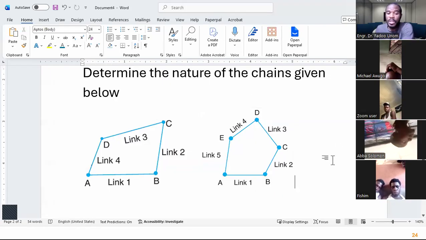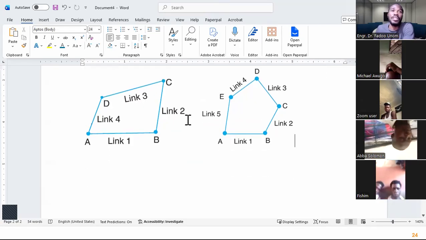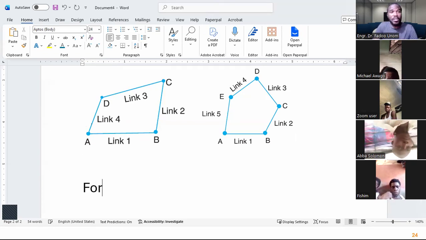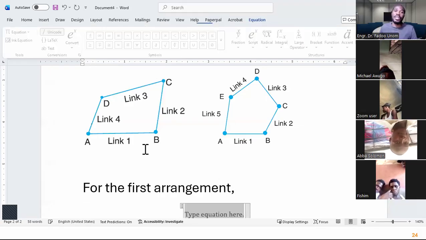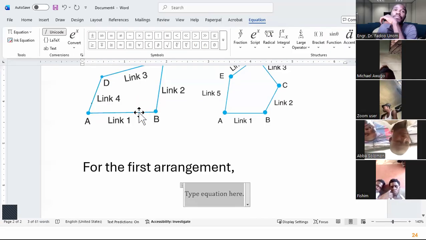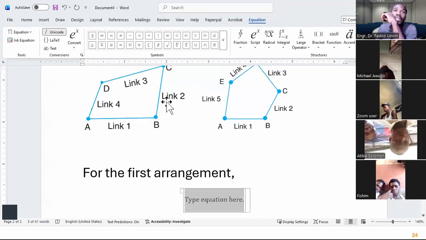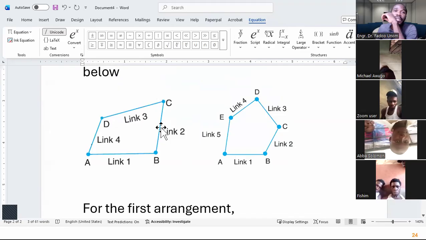So let's start with the first arrangement. Let's check how many links we have. We have link 1, link 2, link 3, and link 4.